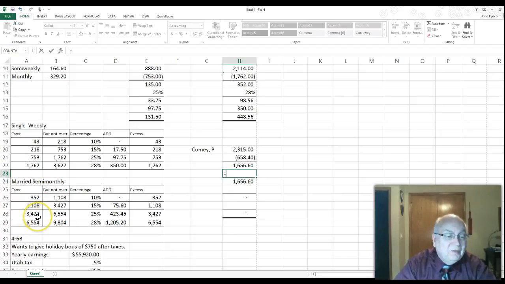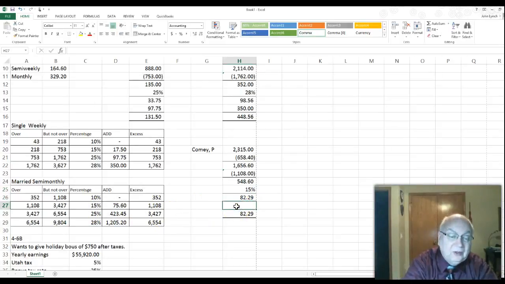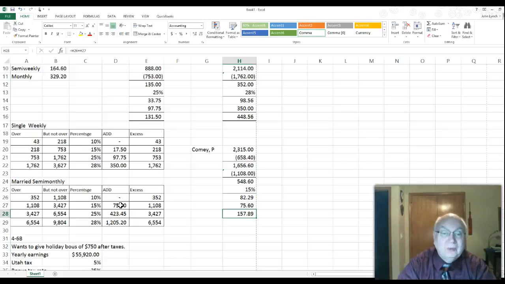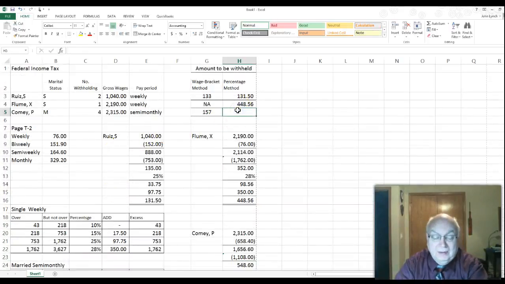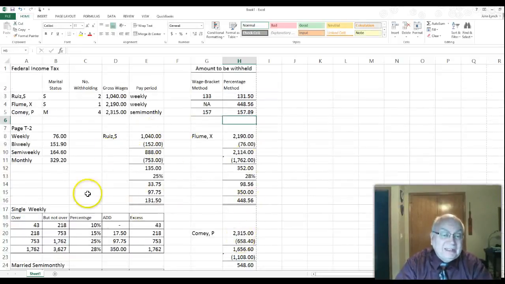It's on the same page, but you go farther down, and you see the 1656 falls into this category, so we subtract off the 1108. It gives us 548. The tax rate for that individual is 15%. And then we also add the 75.60 to that, so the tax is 157.89. Okay. Hopefully that helps on that section of it.